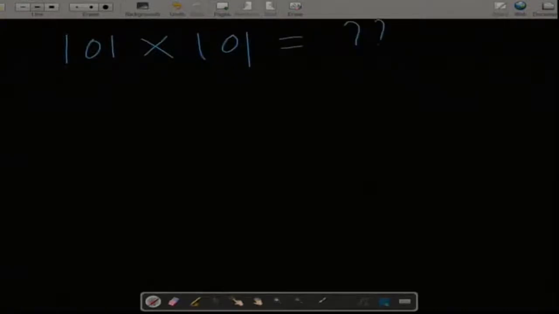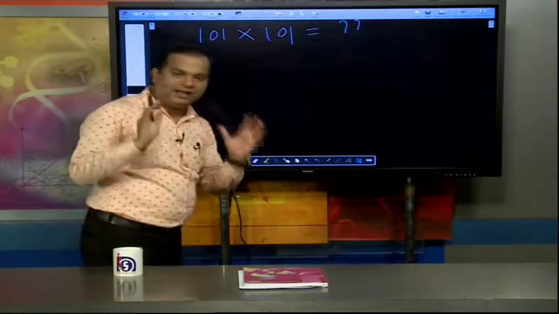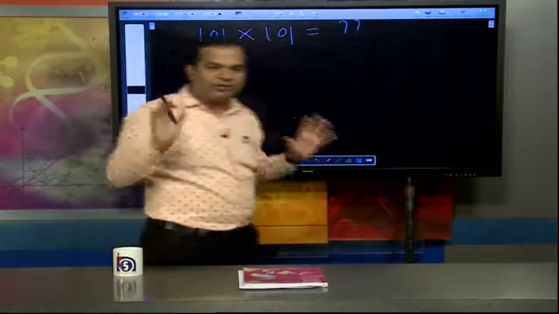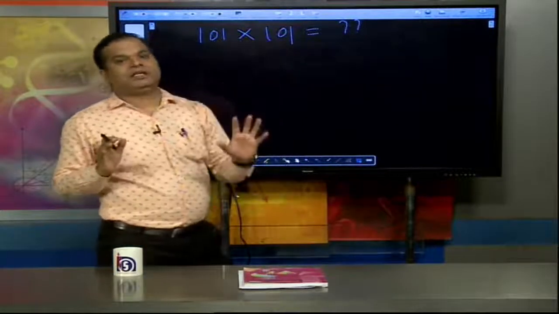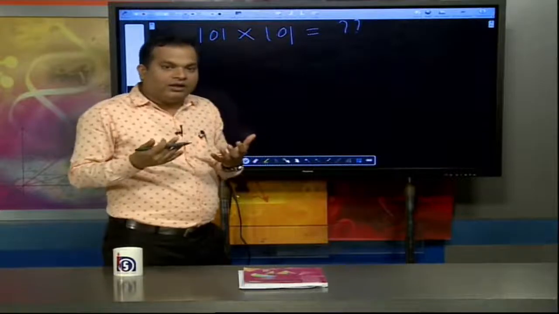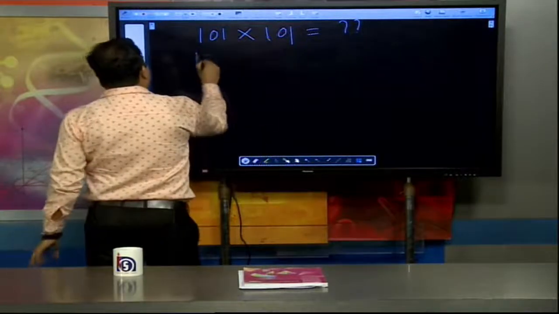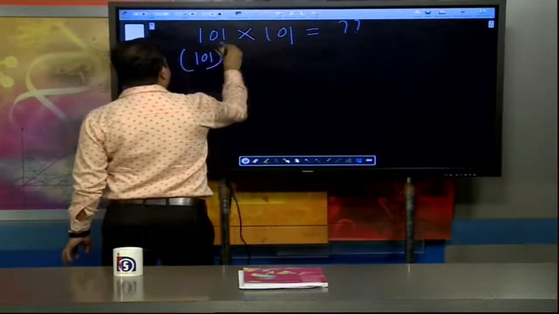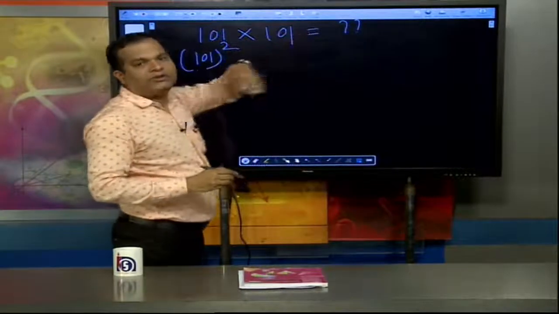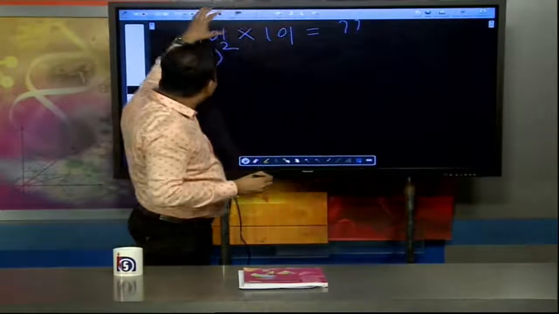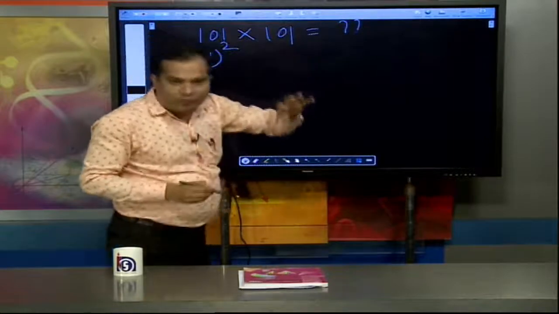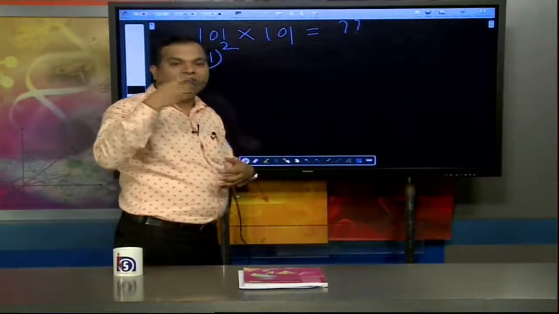By multiplication you can find it, there is no problem. But using the special product formula, simply I can write 101 whole square, because a into a equals a square.